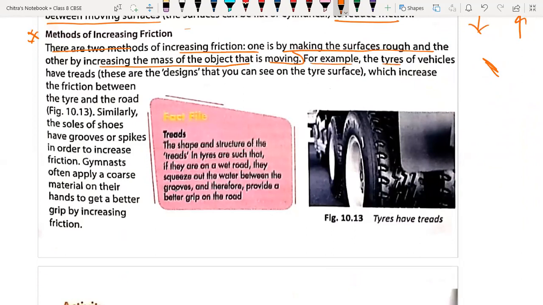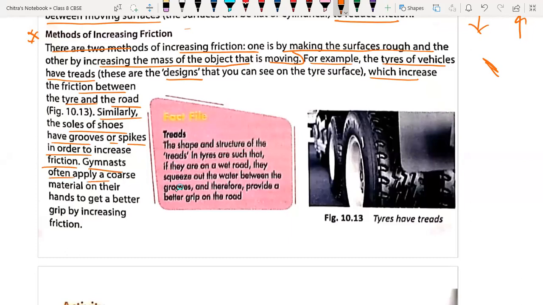For example, the tires of a vehicle have treads. What are treads? They are designs which make the surface very rough and increase the friction between the tire and the road, and this reduces the chances of accidents. Similarly, the soles of shoes have grooves or spikes to increase friction so that you won't slip on the surface.